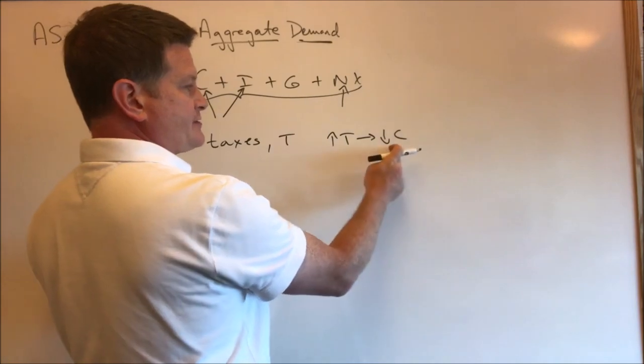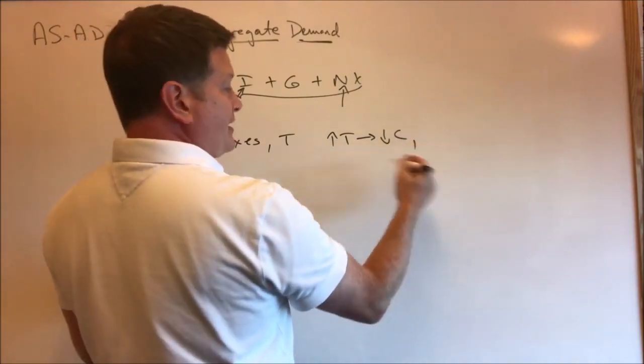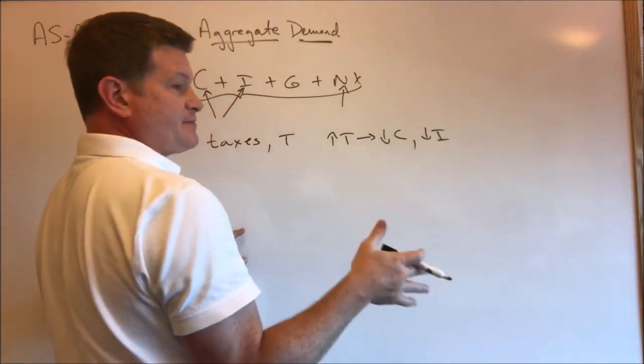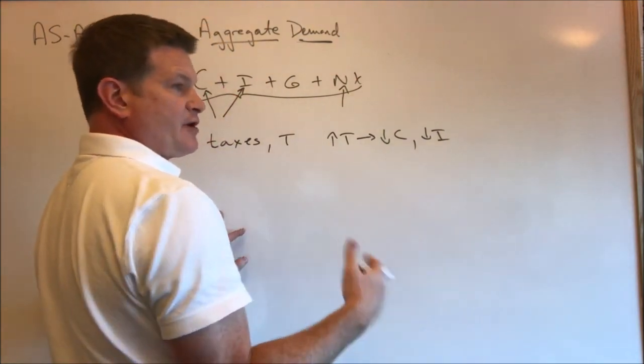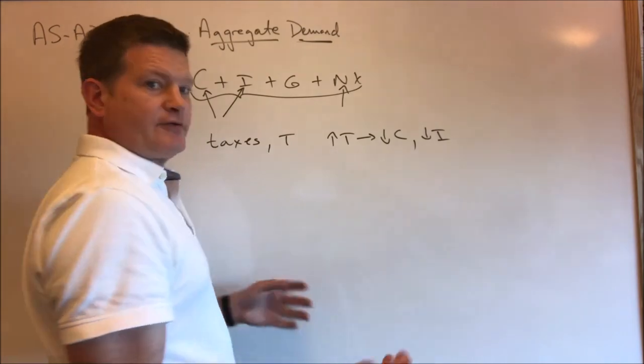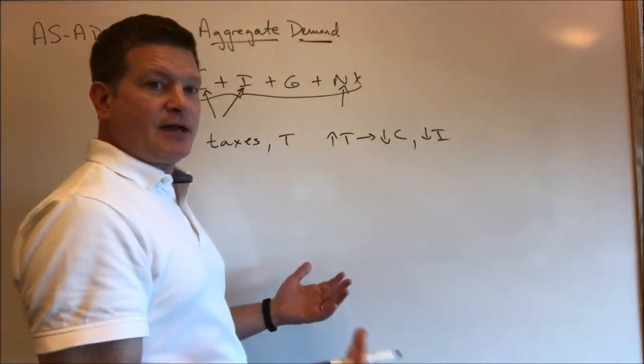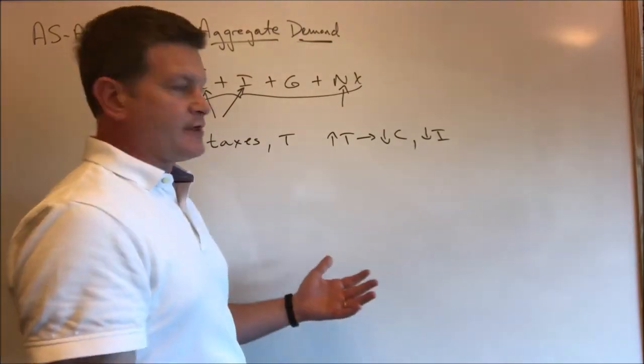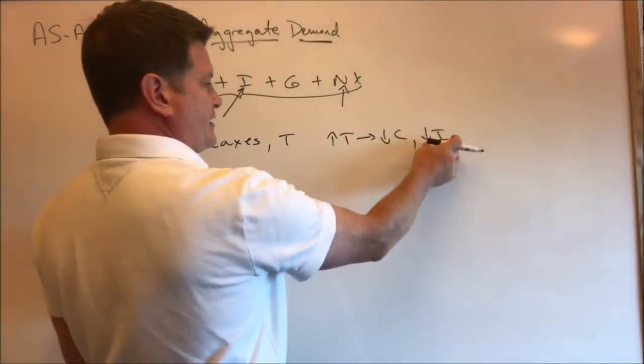So higher taxes tends to lower consumption. Similarly, higher taxes tends to lower investment, right? If you tax my investment opportunities, I earn less profit, I invest less, and also if you raise my taxes, I have less money to invest, and therefore investment declines. Or firms have less money to invest in their own businesses and investment declines.